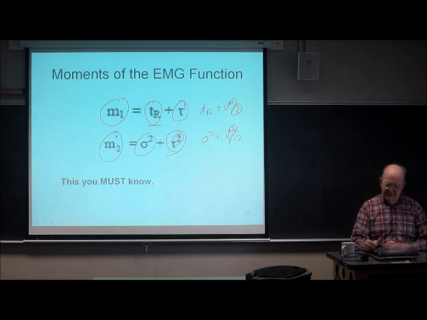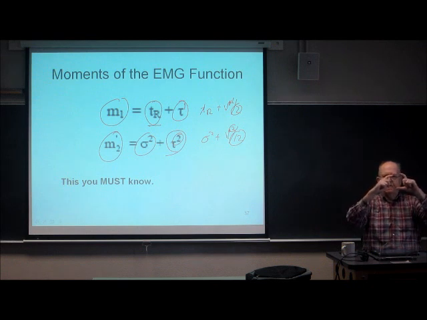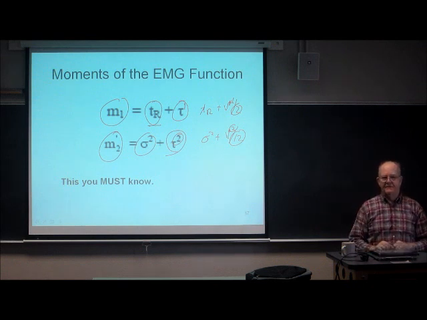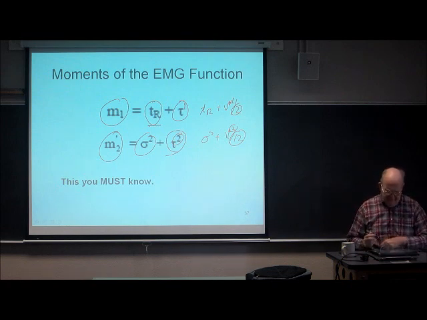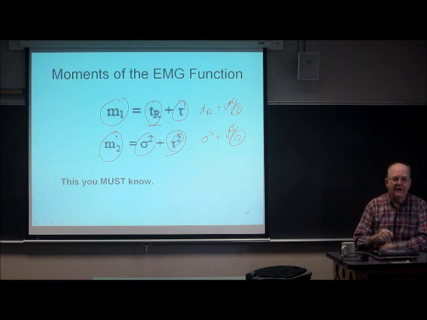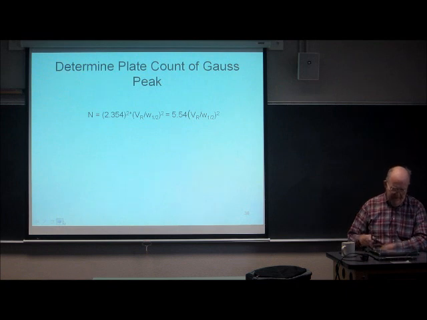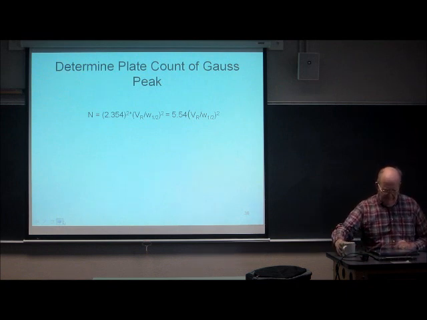The 2 and the 12 come from the difference in the geometry of a rectangular pulse versus an exponential decay. They just result from the appropriate integrations. This you gotta know.